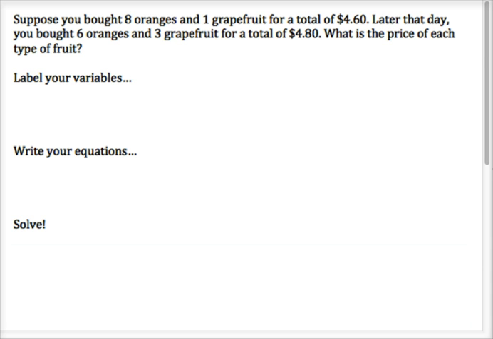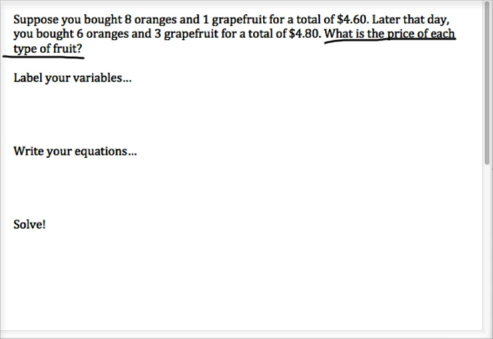All right, so the first thing that we need to figure out is what we're going to call our variables. All right, now when labeling your variables, what that means is we need to identify what are we looking for. So usually focus on the question. What is the price of each type of fruit?